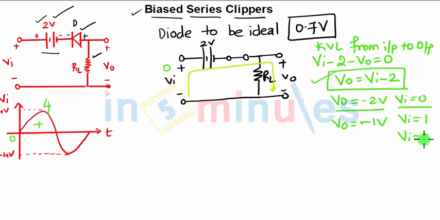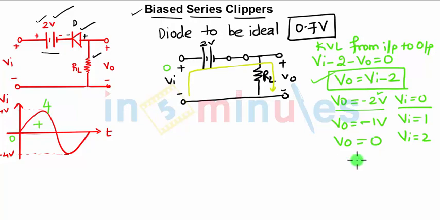When VI is 2, you are getting VO as 0. That means your input 0 level is now shifted to minus 2 volts. I will explain that in the waveform.